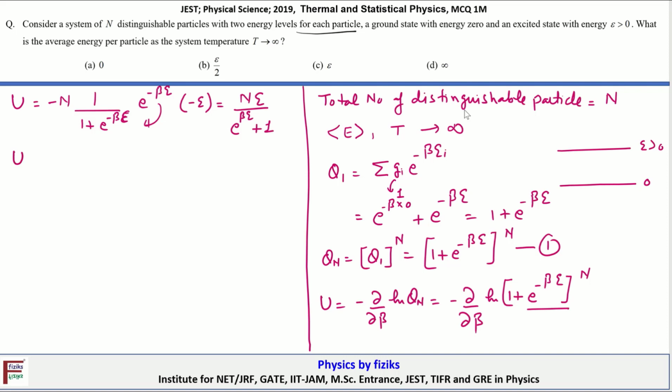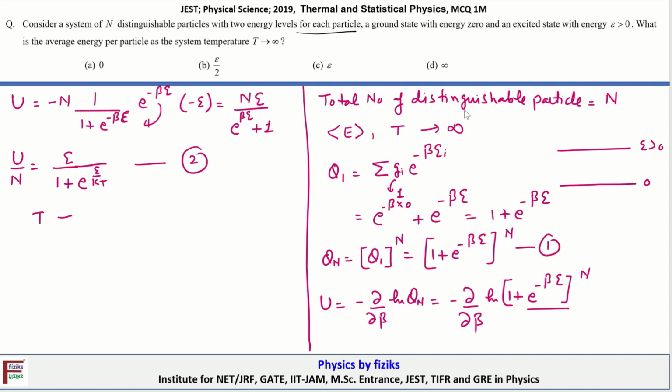So the average energy per particle, U divided by n, is equal to E upon 1 plus exponential beta E, where beta E is E upon kT. That's the average energy per particle. That's a general expression, so let me call this equation 2. But now we have to obtain the average energy per particle as T goes to infinity.